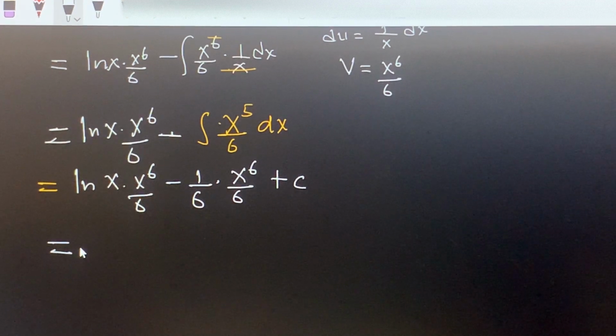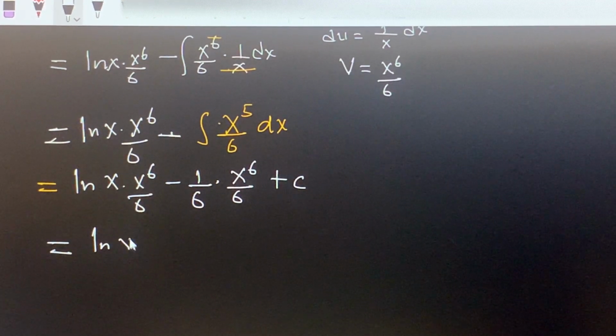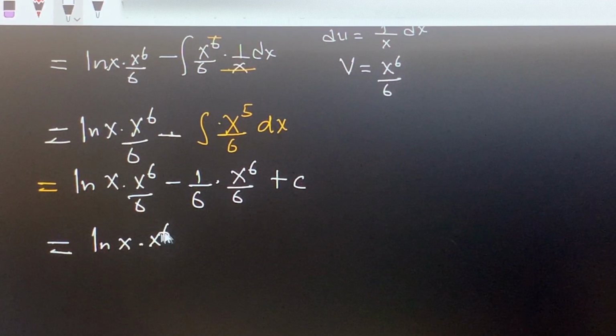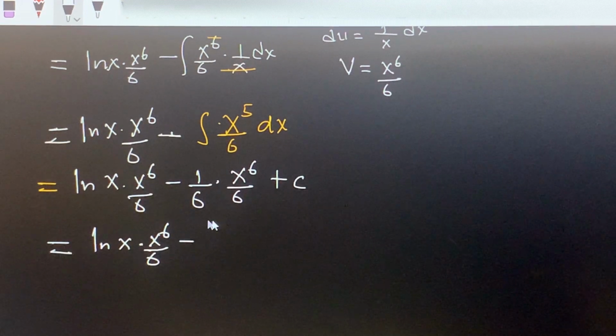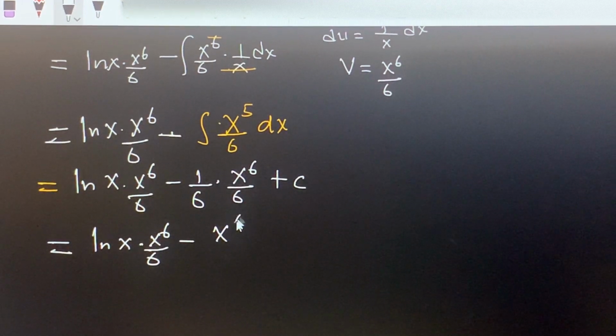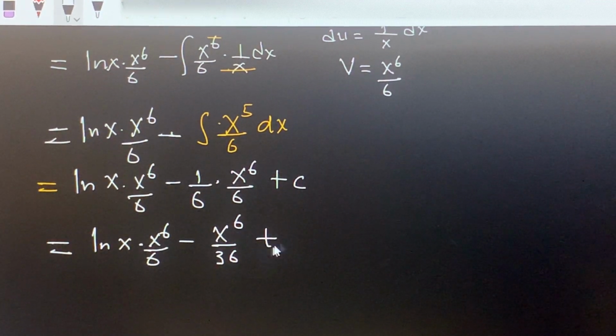This is going to be ln of x times x to the power of 6 over 6 minus, so this is going to be x to the power of 6, 6 times 6 is 36, plus some constant.